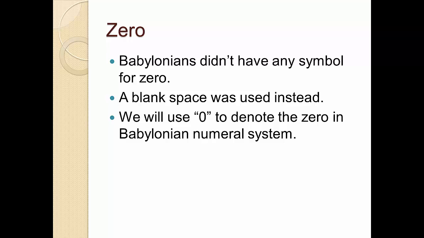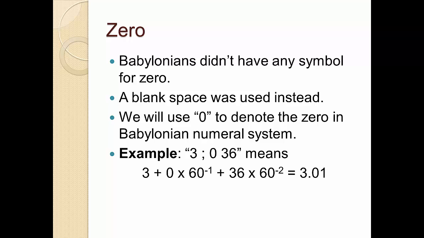Again, for the sake of clarity, we will use our usual 0 symbol to denote such a blank space. For example, the Babylonian number 3;0;36 means the following. It turns out that it represents 3.01.